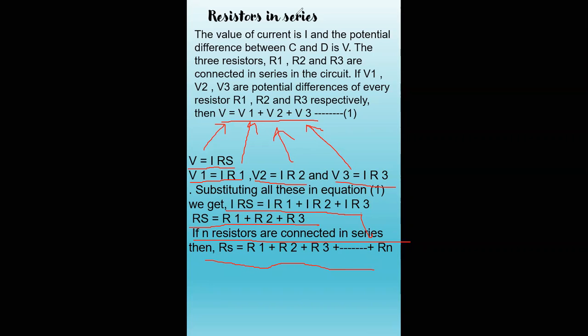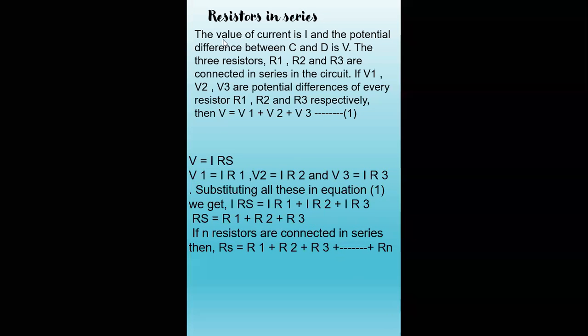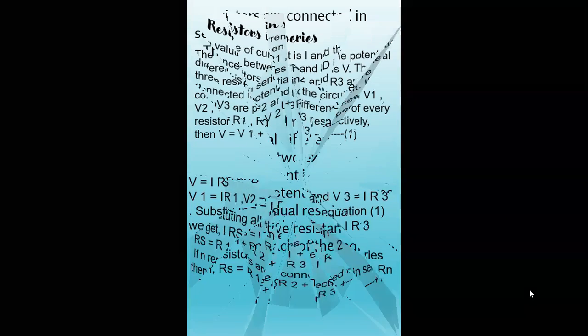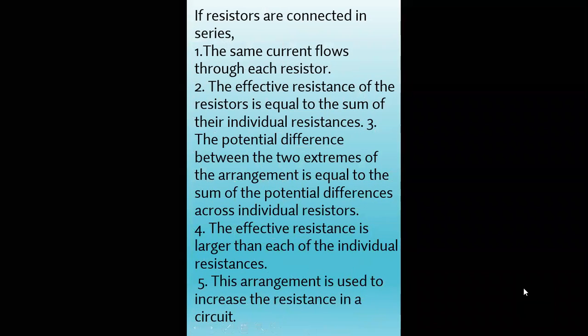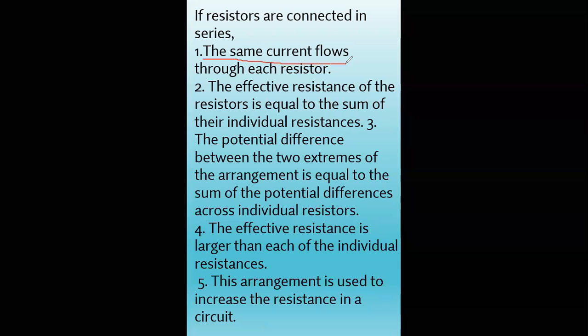Now we can see the next part, that is resistors in parallel. First, if the resistors are connected in series, which points do you have to remember? The same current flows through each resistor. The effective resistance of the resistors is equal to the sum of their individual resistances.